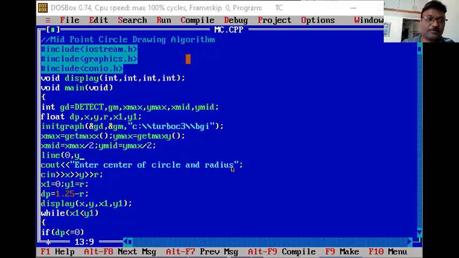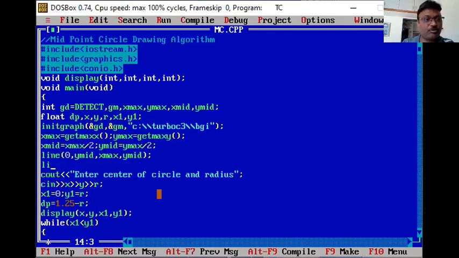So you may consider integer or float: line from 0, y mid to x max, y mid. Here the line again I have to draw for x mid, 0, then x mid, y max.